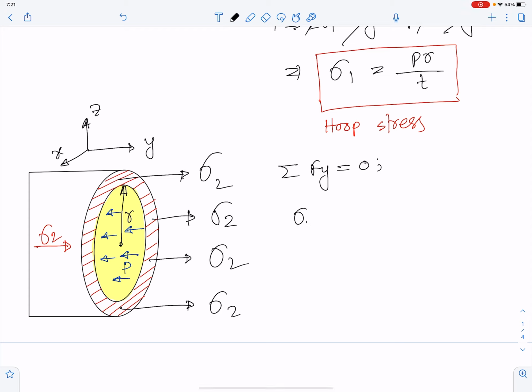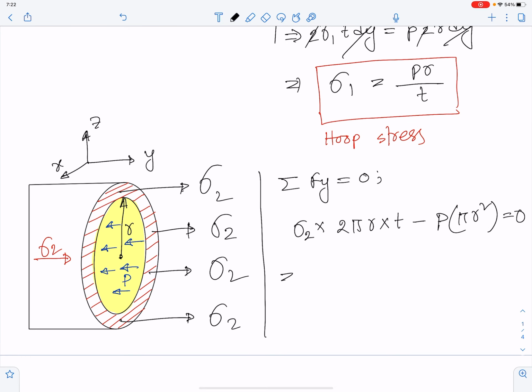It would be sigma 2 times the area of this entire strip marked by the red lines, which is basically 2 pi r times the thickness t, and then minus the pressure times the cross-sectional area of this inner part, which is pi r squared, equals 0. So if we solve this, sigma 2 times 2 pi r t equals P pi r squared.